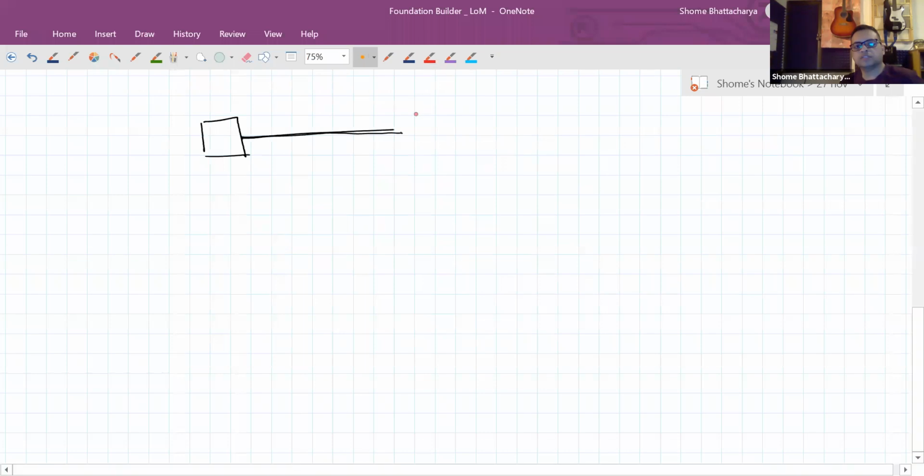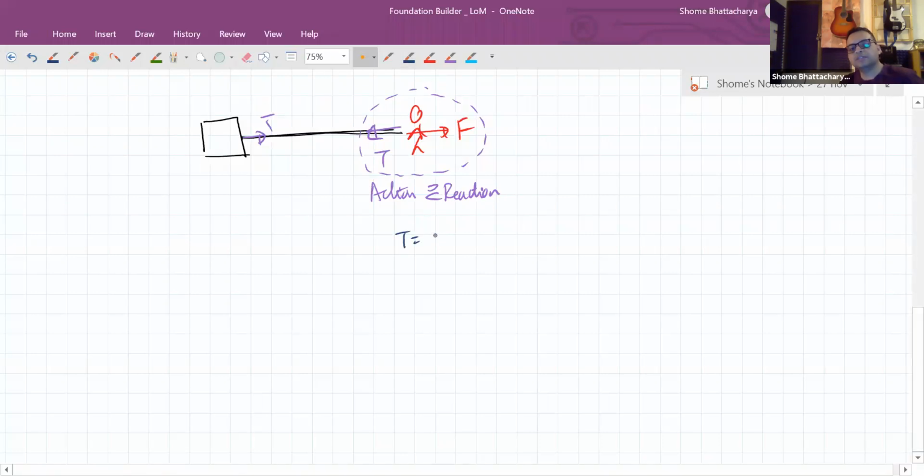I'm pulling the thread with some force F, so the thread will pull me back with an equal and opposite force, and that is nothing but the tension. You apply the principle of action reaction at the end of the thread, so the magnitude of tension has to be equal to the force we are applying, which is given to be 5 newtons.